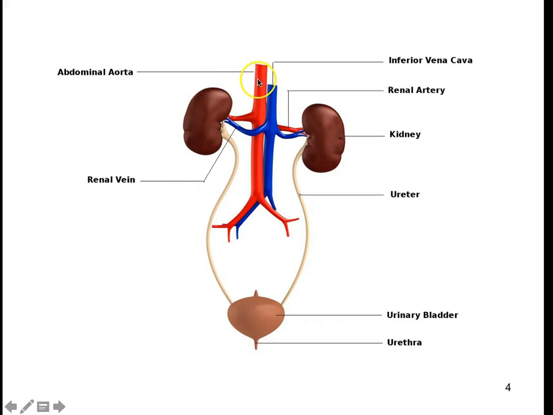So what comes in to the kidneys is via the renal arteries. And what comes out of the kidney is the renal vein. So that's the blood supply.